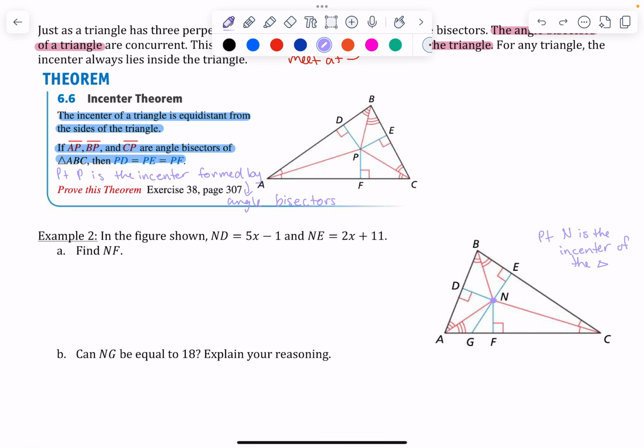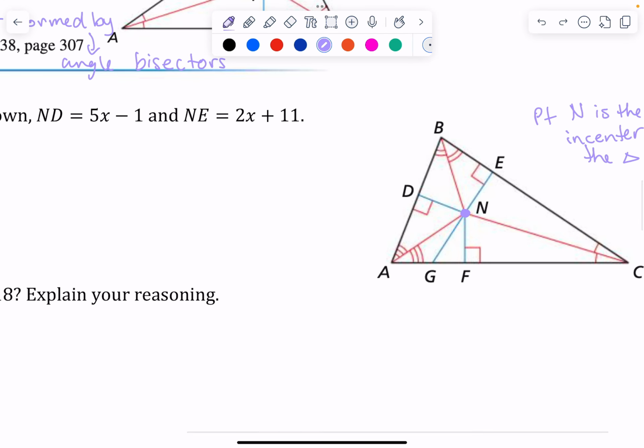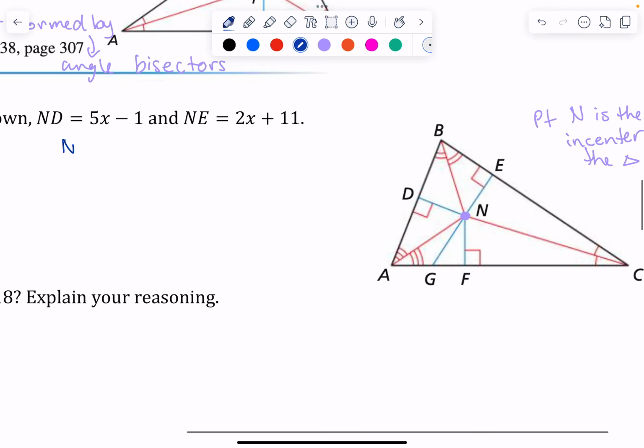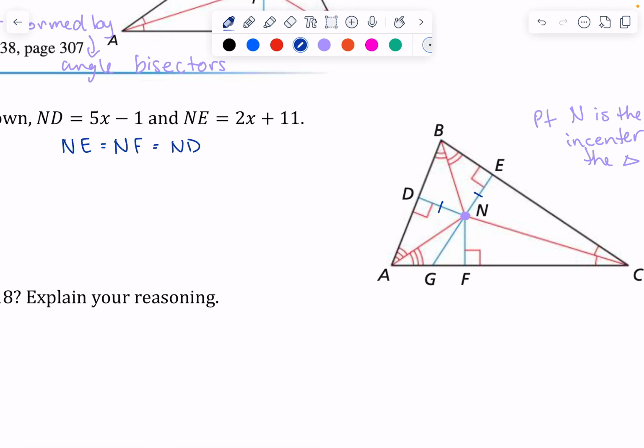Okay, so because it's the incenter of the triangle, I'm going to think about this theorem. If it's the incenter, then that means the distance from point N to the sides of the triangle is equidistant, or equal distance. So that means that NE is equal to NF, which is also equal to ND. Okay, all three of those are equal, so you can add the tick marks if you want to. And remember, when you talk about distance, it has to be the one that creates a 90-degree angle with the side. Okay, so that's why I'm not looking at NG.